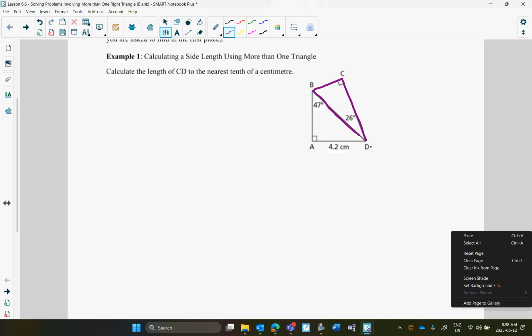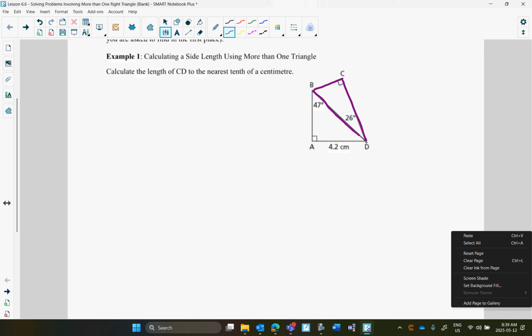What's the only thing I know in that purple triangle? What am I given? The angle, right? But don't I need at least an angle and a side? So I don't have enough information.